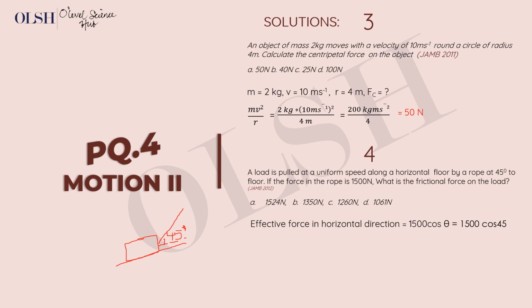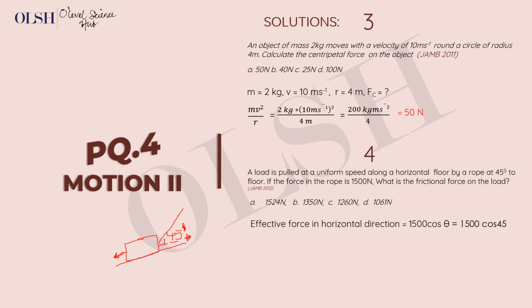Okay, so we're asked to find the frictional force. Now remember that the frictional force acting on this body is not at an angle, it is acting horizontally against motion. So if we need to find this frictional force, then we need to find the effect of this pull force in the horizontal. So we're going to find the horizontal component of this force.